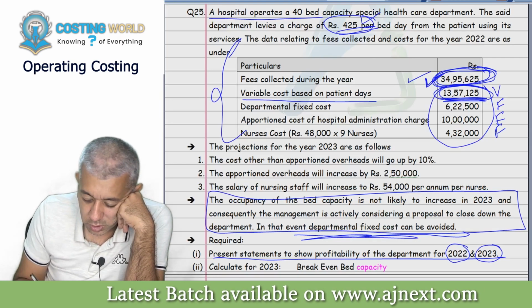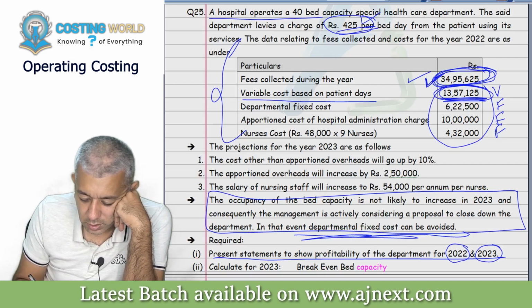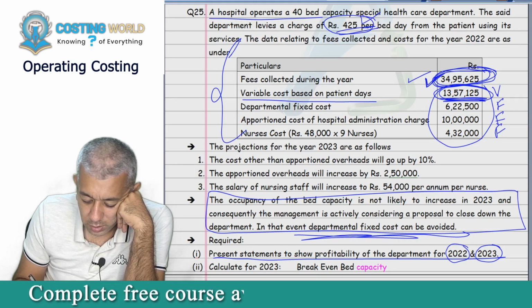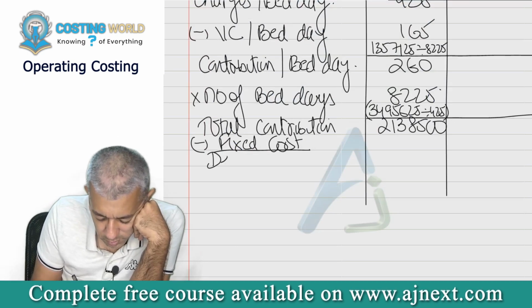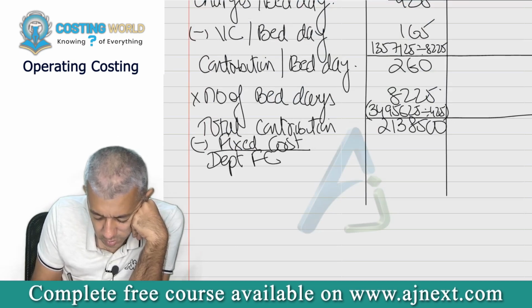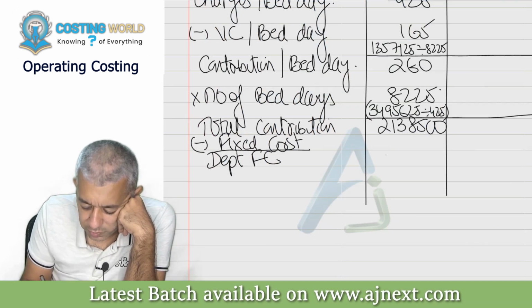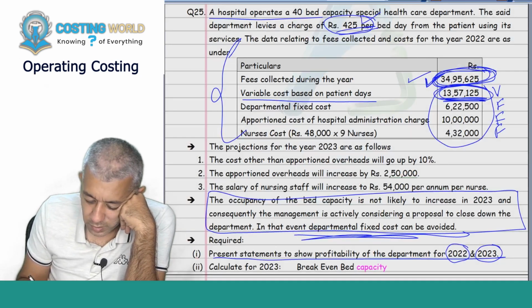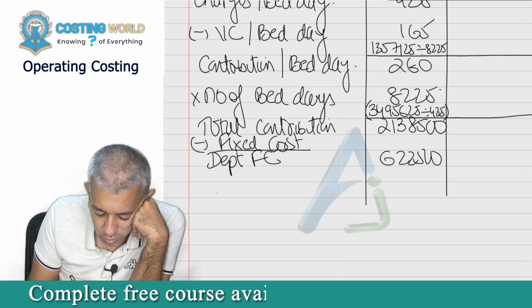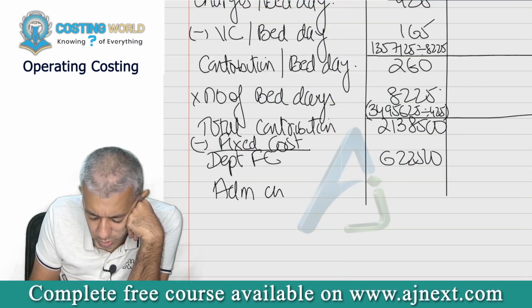In fixed cost, departmental fixed cost, 622,500. Apportioned cost of hospital admin charge, I am simply writing admin charge.